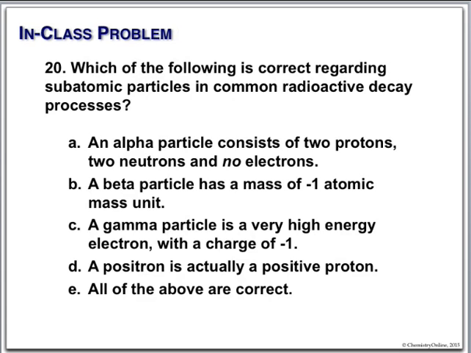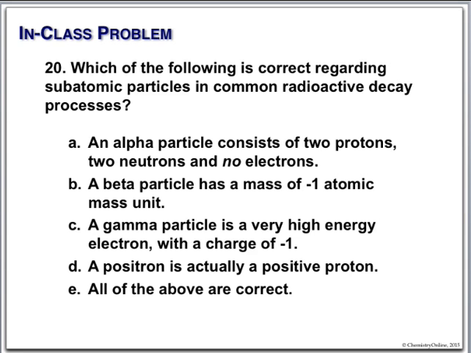Alpha particle consists of 2 protons, 2 neutrons, and no electrons. That's just what we just said, right? That's an alpha particle. Beta particle has a mass of -1? No, it's an electron. It has a teeny, teeny, tiny mass, but it certainly isn't -1. Gamma particle is a very high energy electron. No, it's not an electron.